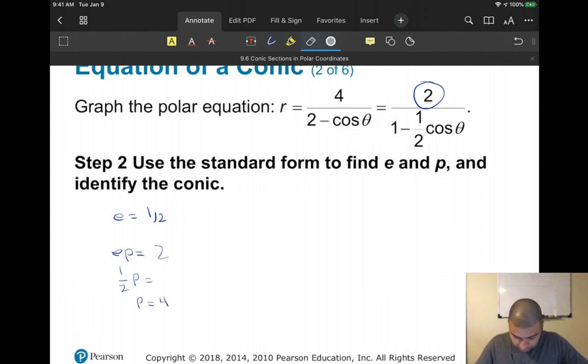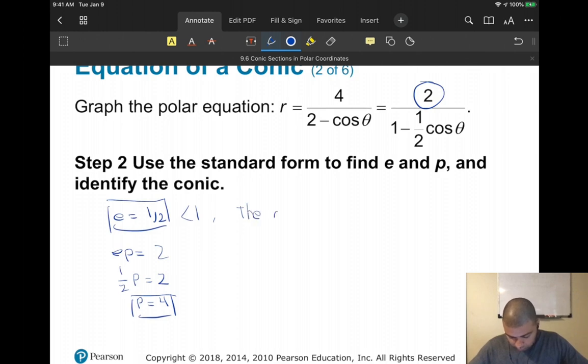P is the distance from the directrix to the focus, or to the pole, which is the same. So p equals 4, e equals 1/2, because e equals 1/2 is less than 1, then this is an ellipse, because e is less than 1.